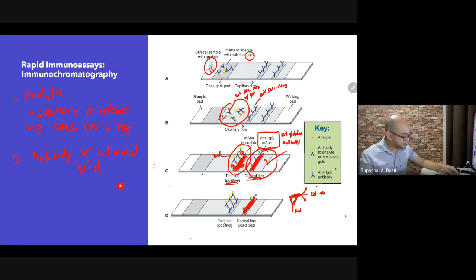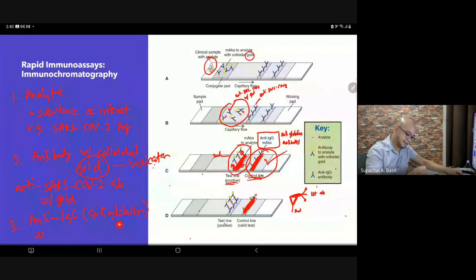So, ano yung example natin dito? This is the anti-SARS-CoV-2 antibody with gold. Ano yung purpose ng gold? It serves as the indicator. And the third analyte is the anti-IgG or antiglobulin. Okay, ano yung purpose ng antiglobulin?